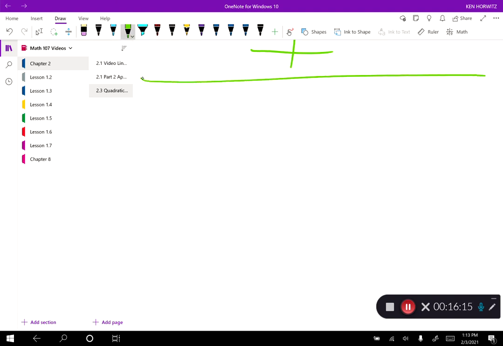All right, so graph the function y equals negative 1/2 (x plus 3) squared plus 4. All right.